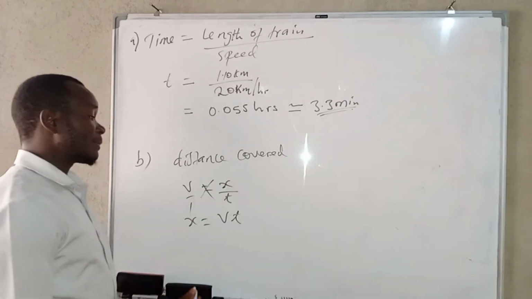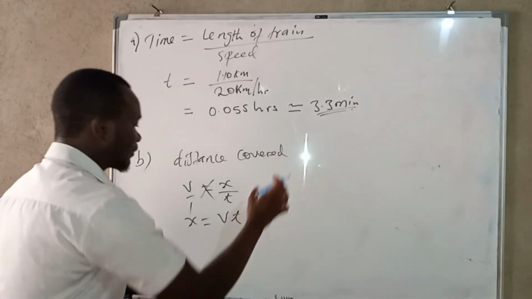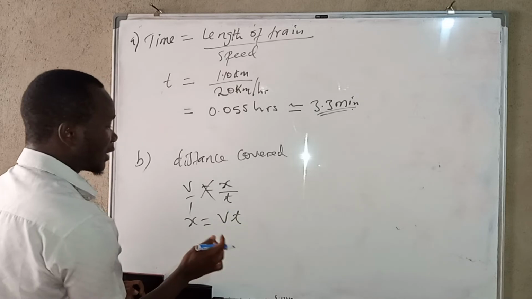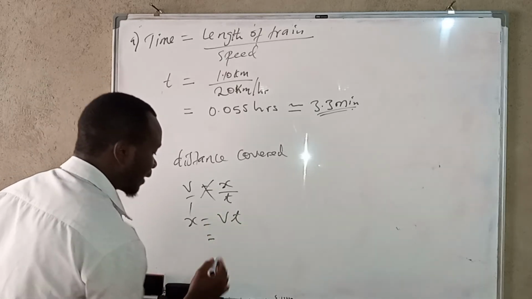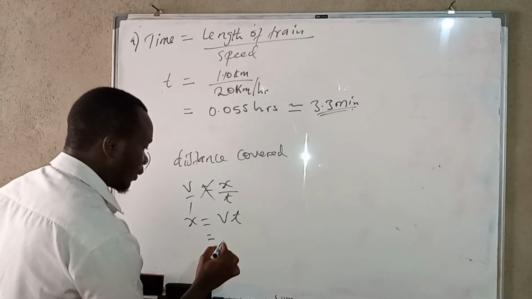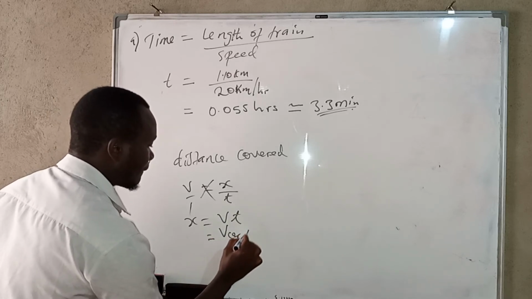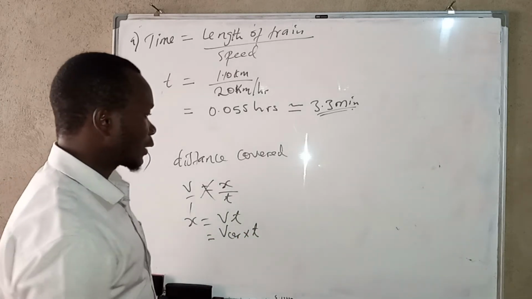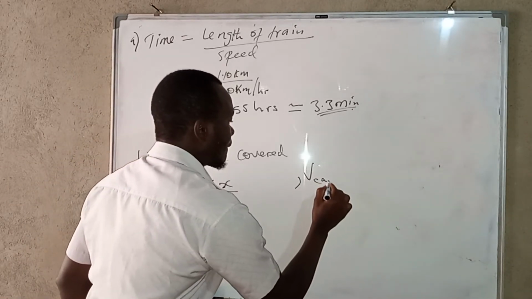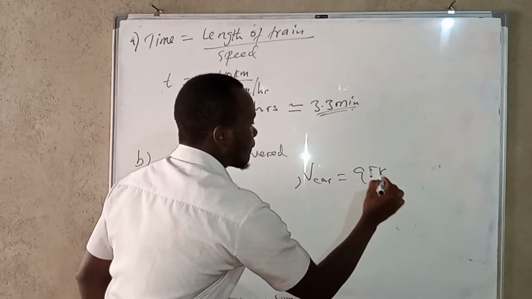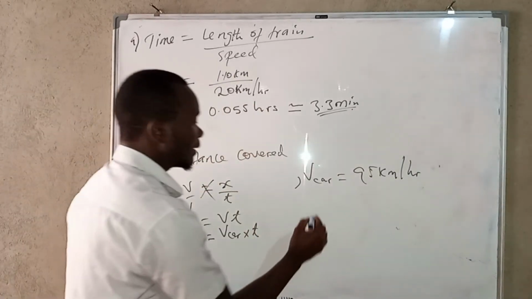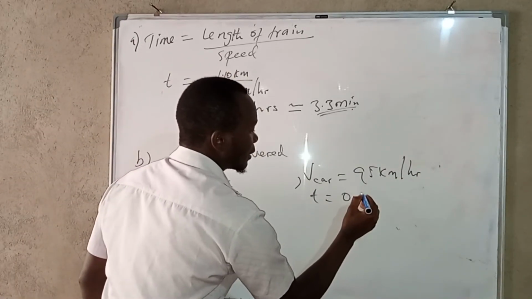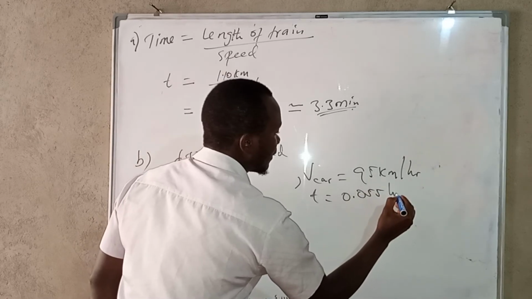But here we're looking at the speed of the car, because it's the car's displacement we want to find here. So we have v car times time, but velocity of the car we have 95 kilometers per hour. Then the time taken to overtake the train, t, is 0.055 hours.